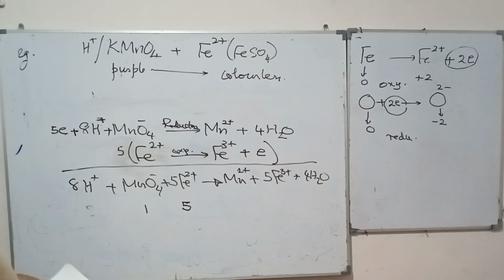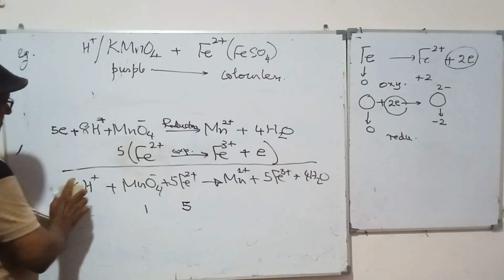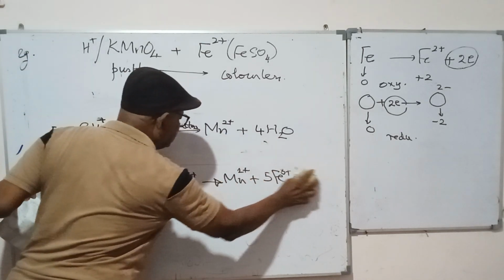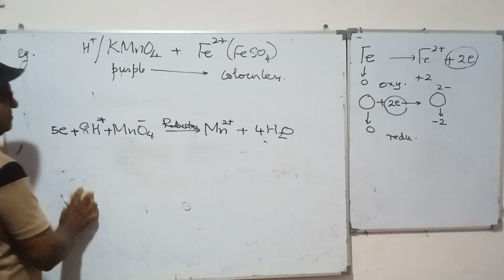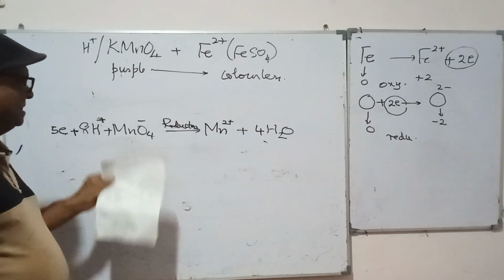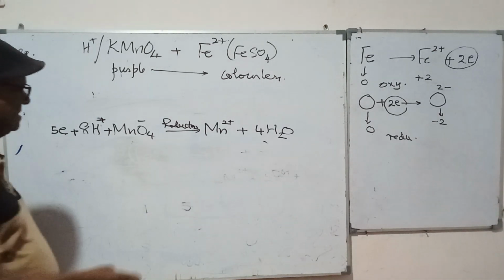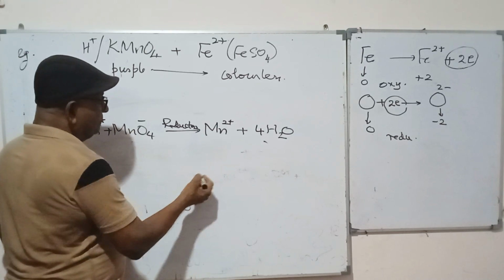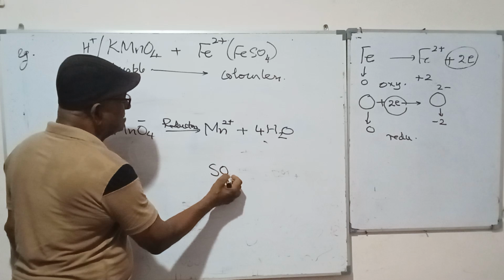Shall we go to the other equation also? See here, MnO4 minus undergoes reduction with Fe2 plus. This reaction occurs with sulfur dioxide gas also.